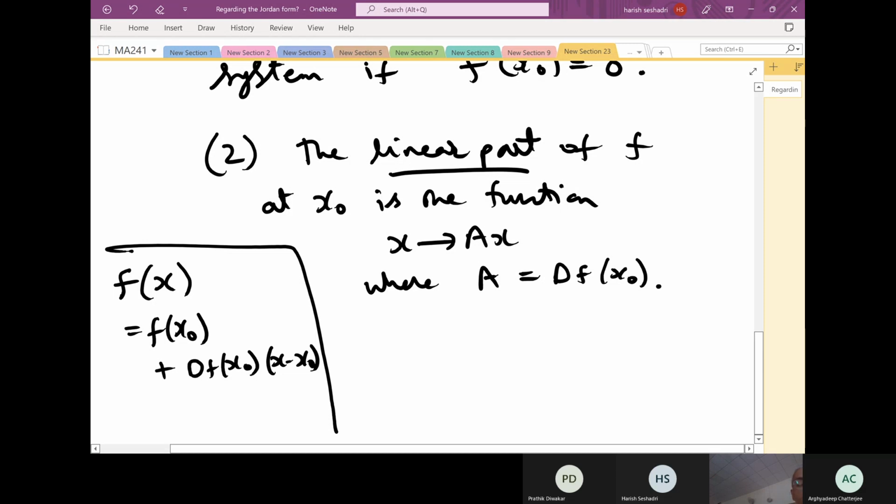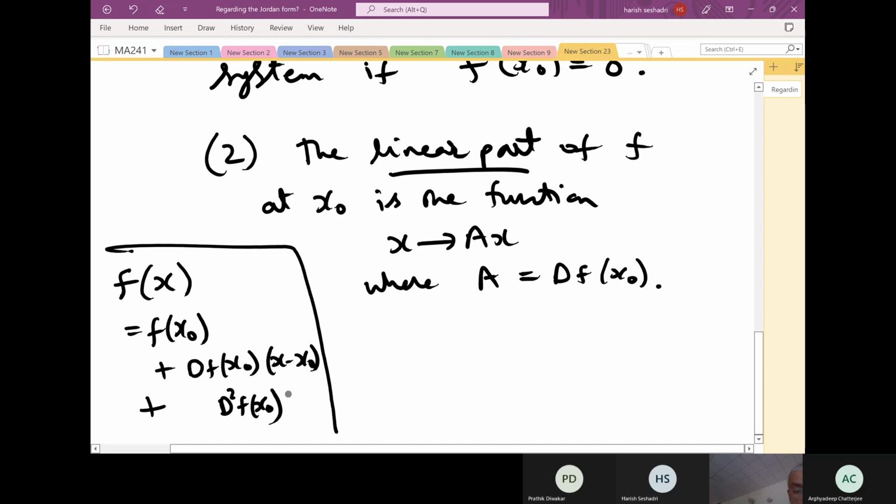If I assume even C2, then one has the so-called Hessian matrix, which consists of second order partial derivatives of f.